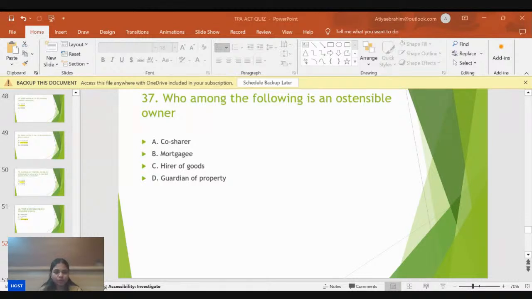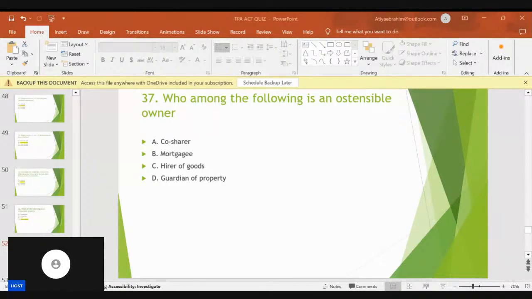37 D, guardian of property. Okay. Who among the following here is an ostensible owner? Who can tell me? Yes, others also, Durva, Vikas, please attempt it.